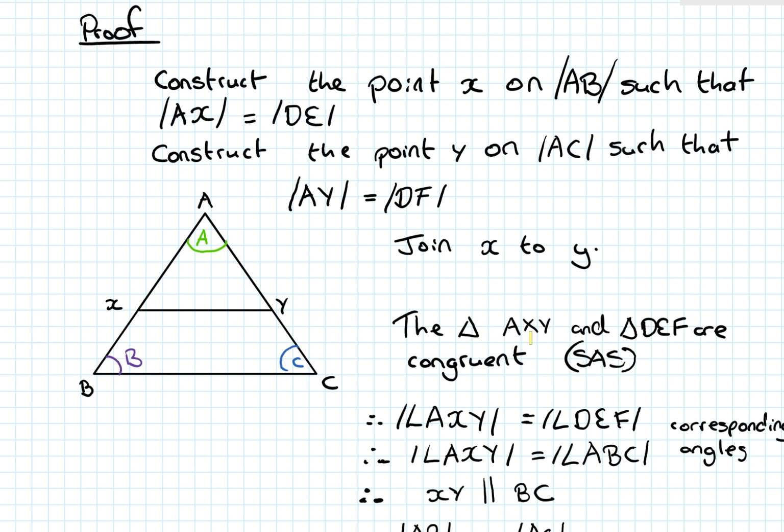Then the triangle AXY and DEF are congruent. As we know, this length is equal, the angle A is common, and this length is also equal to the other one, which was DF.